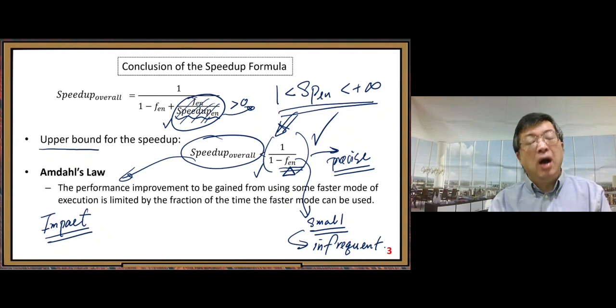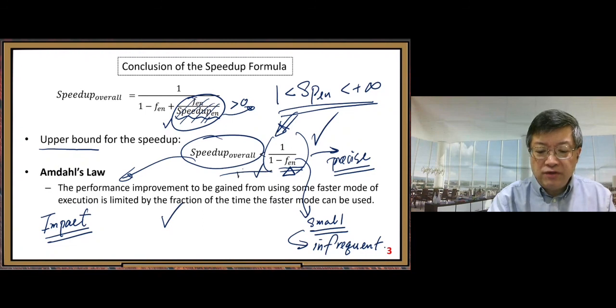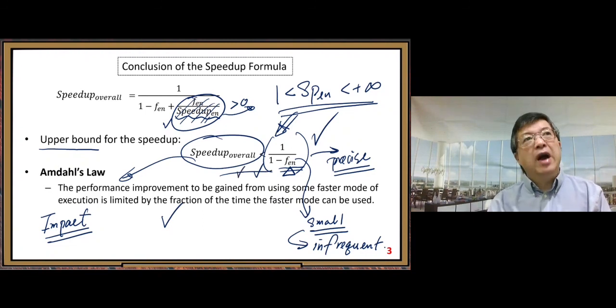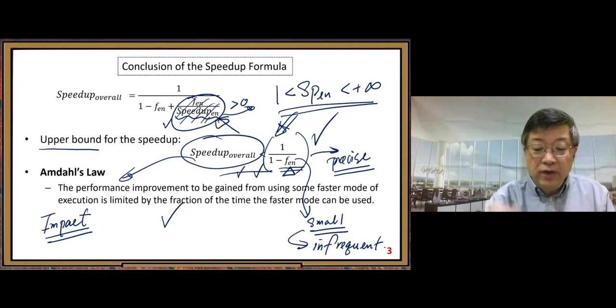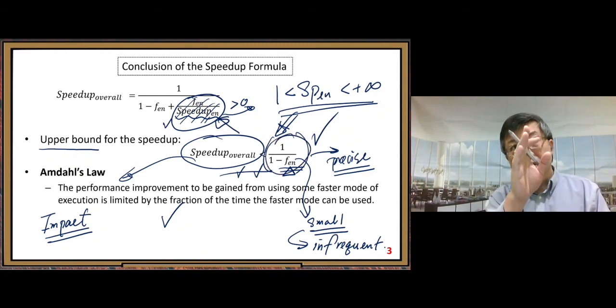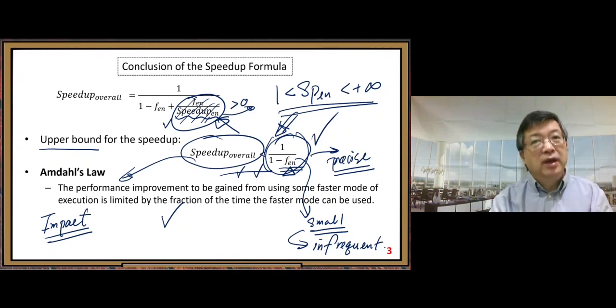Then later, after Amdahl's law was discovered, and especially this formula was found, people finally realized that's the main reason why we cannot break that upper bound. Because no matter how hard you work to improve the local speed up, you can never hit this upper bound. All right, so that's the part of C.3.